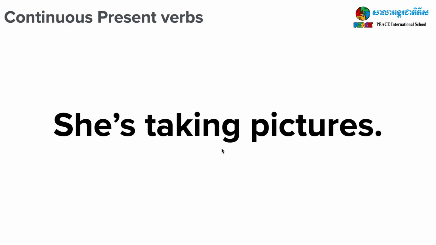We drop the e and add ing to make taking. We also need a be verb. The be verb for she is, she is or she's. So, the continuous present, she's taking pictures.